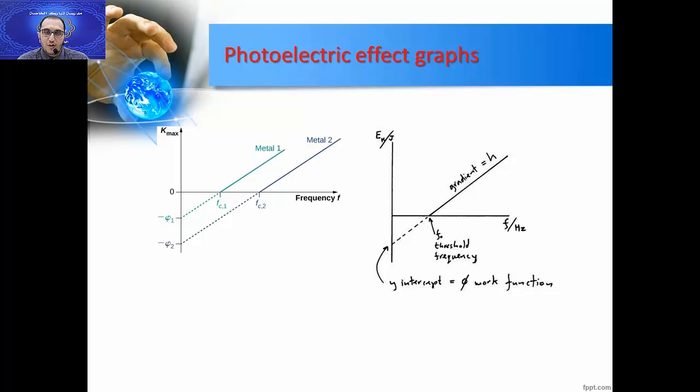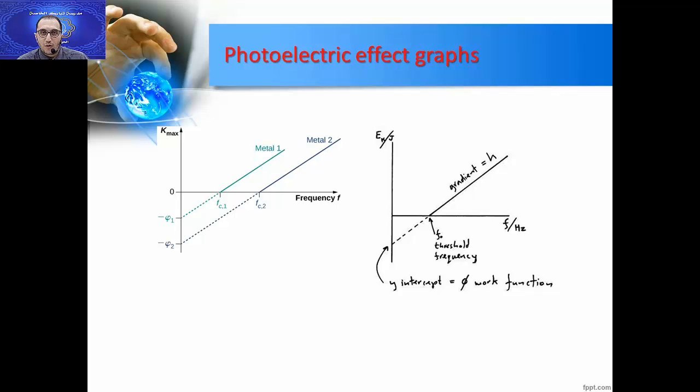So look at the equation. We'll find that here f0 is the threshold frequency, also here f0 threshold frequency, and the intercept of the y-axis means phi, the work function. The intercept of the y-axis equals the work function, and the gradient of this graph equals h, Planck's constant.